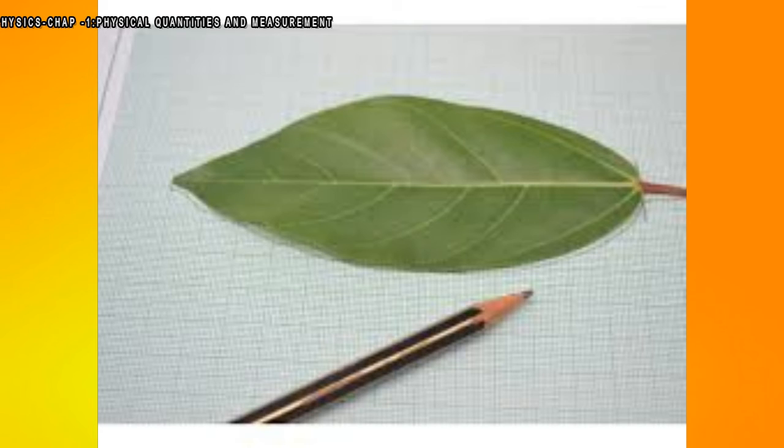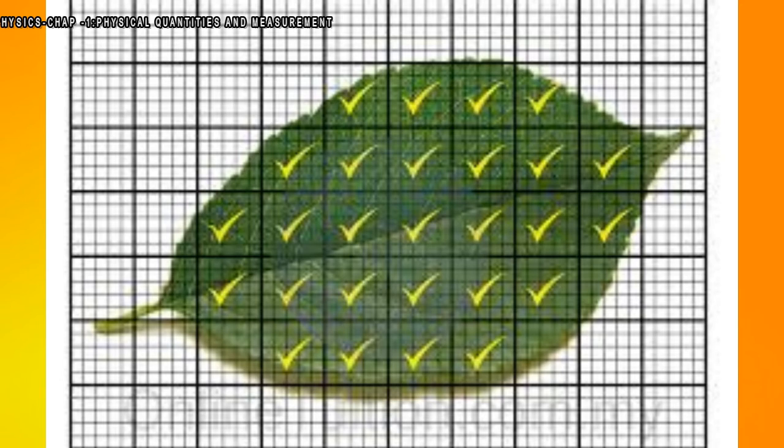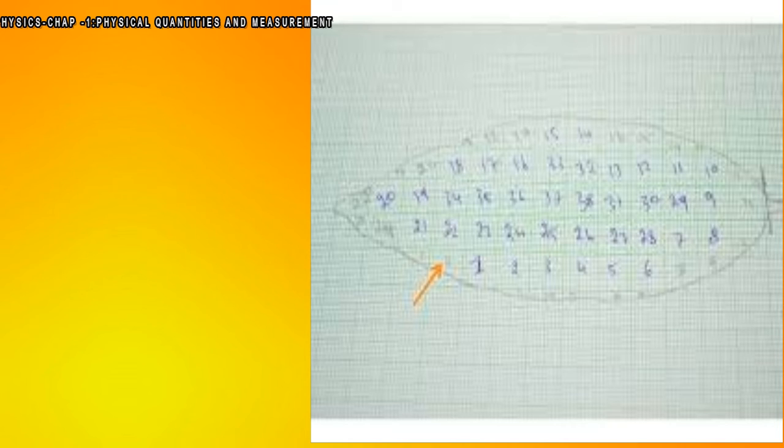The tools you need are a pencil or a pen. First, on a normal graph sheet, lay the leaf on the graph sheet. Second step is to trace its outline using pen or pencil. And the third step is, no need to trace the area of the stem.